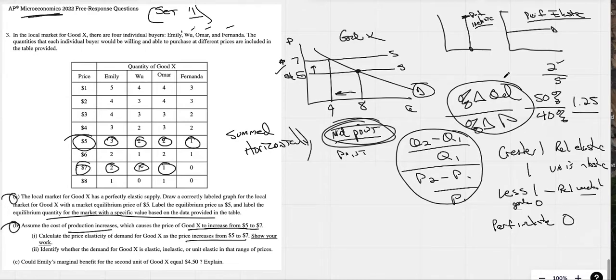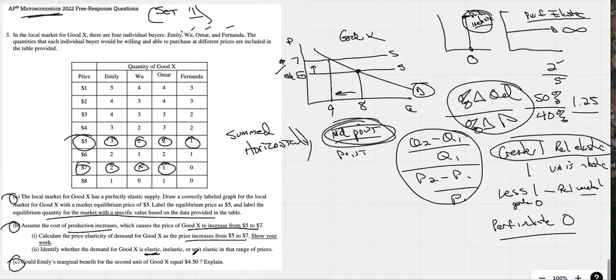That makes more sense than perfectly elastic, where the PED value is infinity. Nobody likes that. With perfectly inelastic, at a price change, quantity demanded wouldn't change at all. That makes it perfectly inelastic, so the PED value is 0. That's more than you needed, but don't get caught without them. Identify whether demand for a good is elastic: we already said, if it's greater than 1, it's relatively elastic.